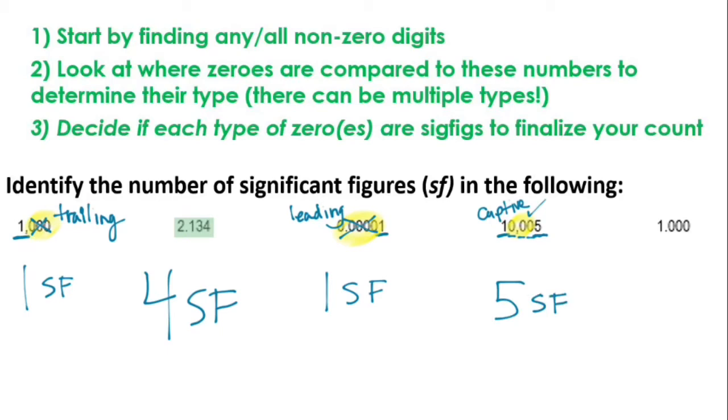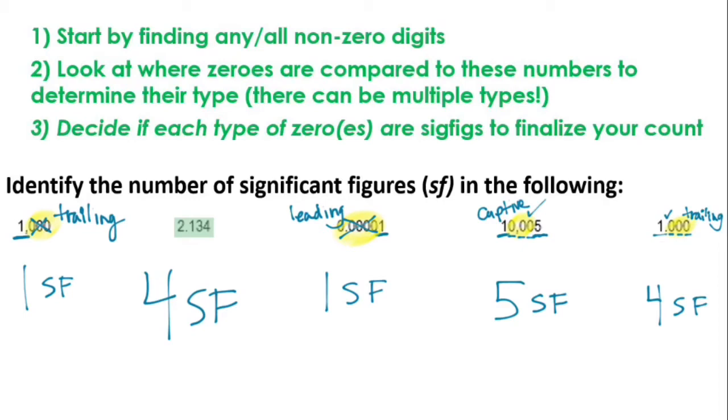And then in this last example, we've got a 1 up front, 3 trailing zeros after it, and trailing zeros depend on the decimal, and because there is a decimal present, these are also significant figures. So that gives this number 4 significant figures total.